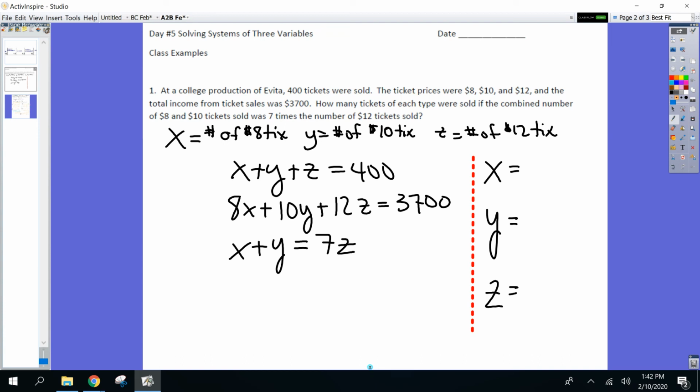And remember, they only sold 400 tickets. I had a couple people fifth period say, oh, they sold 500 $8 tickets.